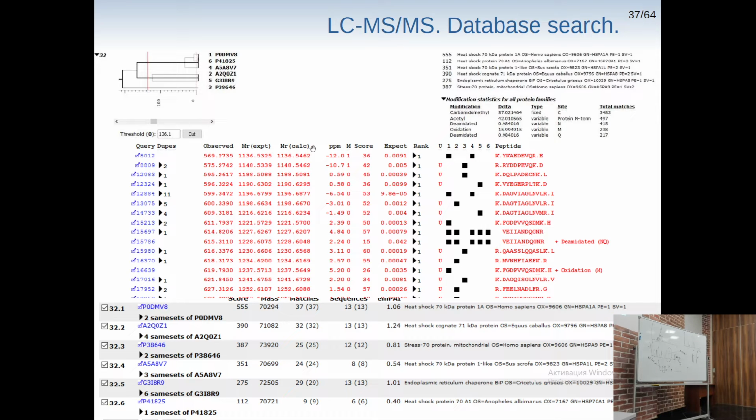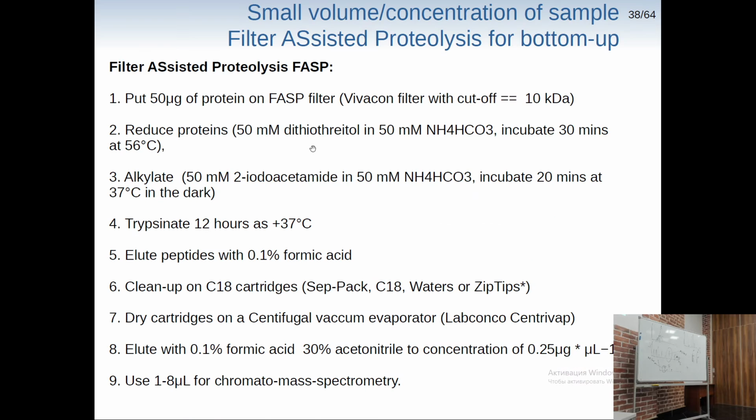And the way how we can get more of our sample, just to get better sensitivity, is to use so-called filter-assisted proteolysis. The idea is quite simple, actually. And if you will do proteomics, I suggest that you use this type of trypsinization, because trypsinization in solution nowadays is not quite used.